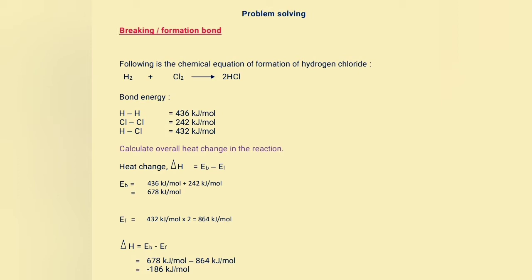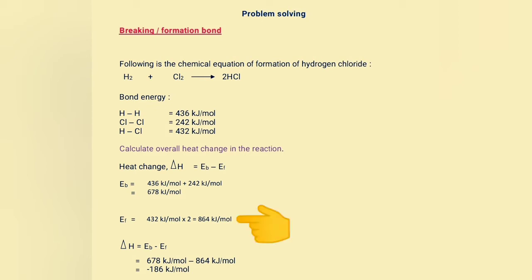The energy to break 1 mole of hydrogen molecules is 436 kilojoules, and the energy to break 1 mole of bonds in chlorine molecules is 242 kilojoules. The total value for EB, the energy used to break the bonds in the reactants, is 678 kilojoules per mole. And next, what is the value for EF?